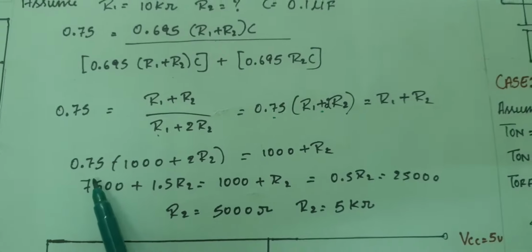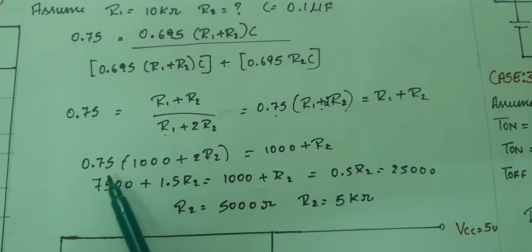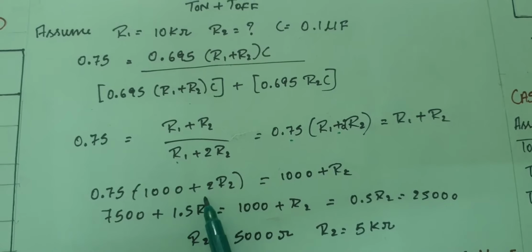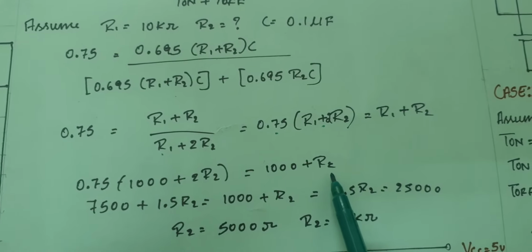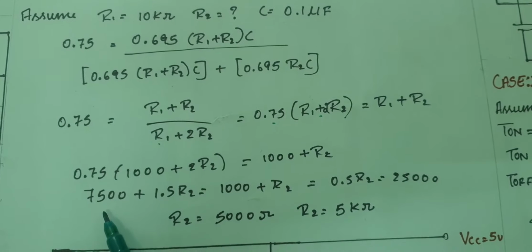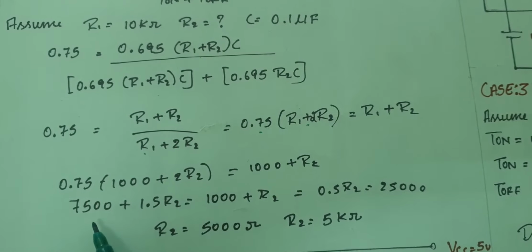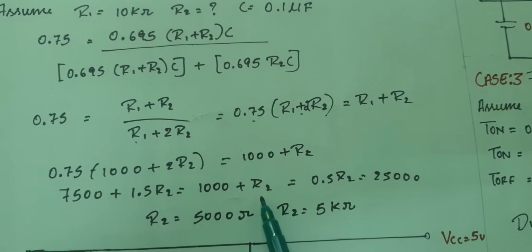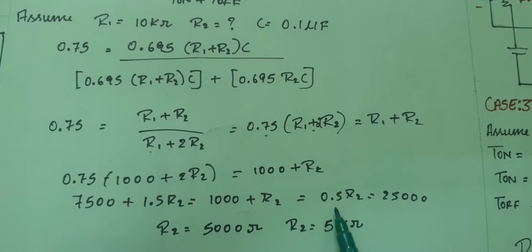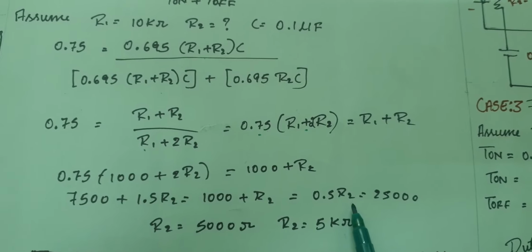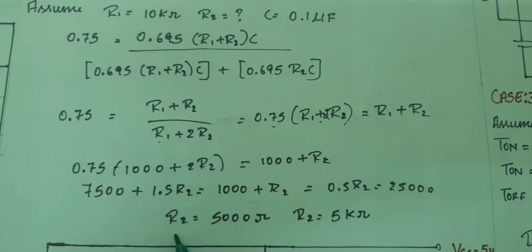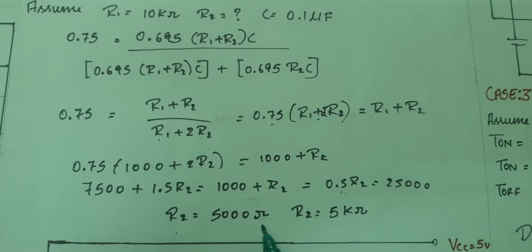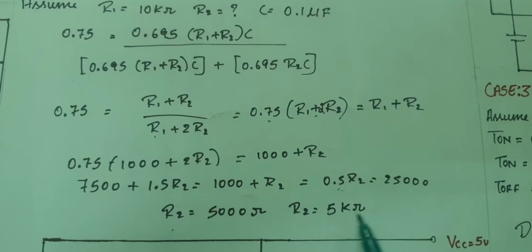If you cross multiply it, 0.75 into (1000 plus 2R2) is equal to 1000 plus R2, so 750 plus 1.5 R2 is equal to 1000 plus R2, which gives 0.5 R2 equal to 2500. R2 is equal to this divided by this, which is 5000 ohms or 5 kilo ohm.